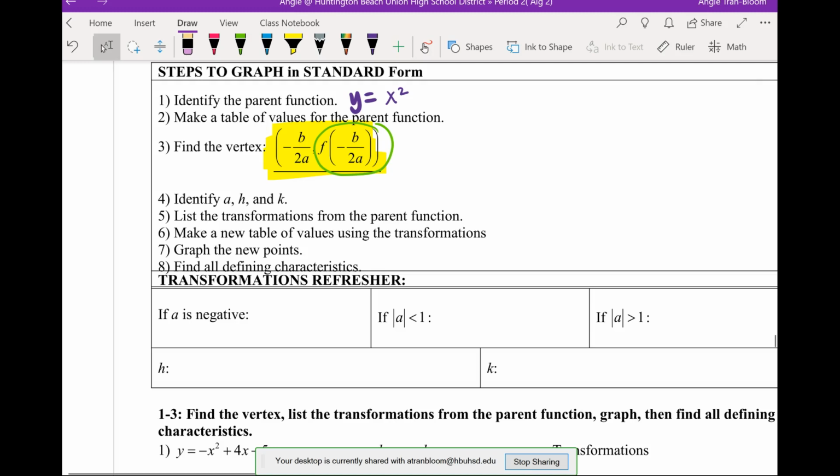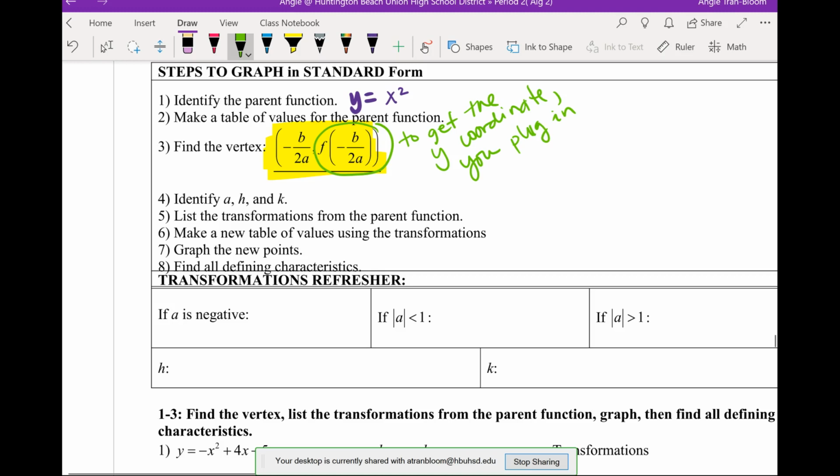You plug in your x-coordinate, guys, to get the y-coordinate. To get the y-coordinate, what do you do? Plug in, yeah. You plug in what you got. That's how we get y. If we have x, we can get y by plugging in the x value.